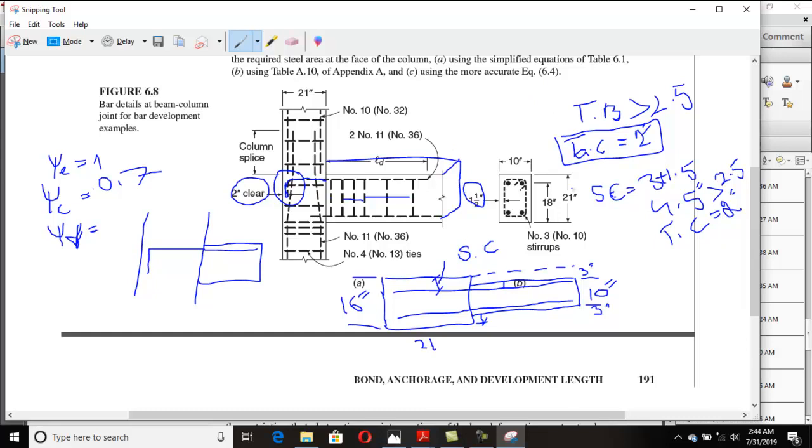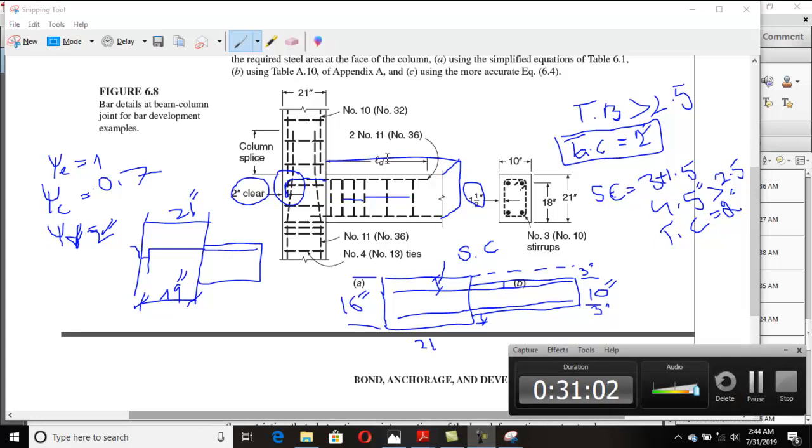So how much distance? This distance is 21 inches, and there is a 2-inch gap, that is the side cover. So the distance available to you is about 21 minus 2, that is 19 inches. So the development length of the hook can be easily adjusted.